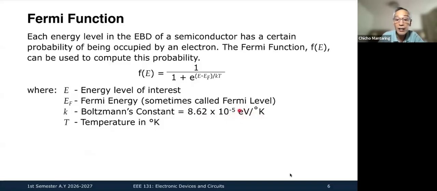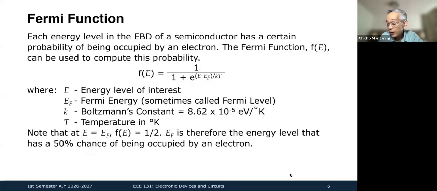Electron volts is a unit of energy, so this is energy per degree Kelvin. This is like a conversion between energy and temperature, and temperature in degrees Kelvin.